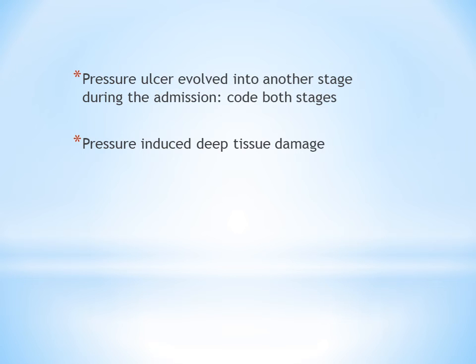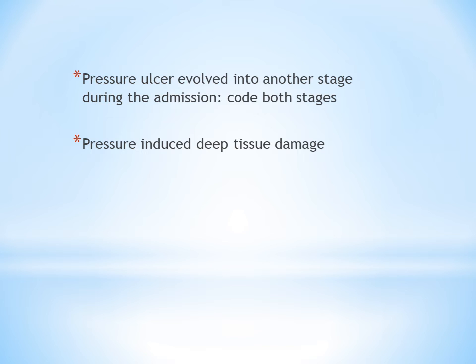Next one is pressure ulcer evolved into another stage during the admission. Usually, as we have seen in other chapters, when one stage evolves to another we usually code for the severe one, no. But for ulcer cases, there is a difference.